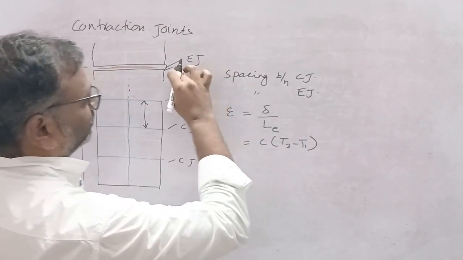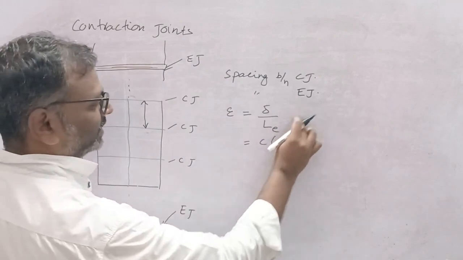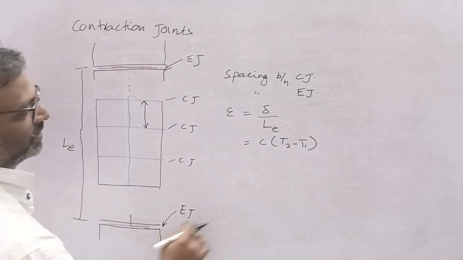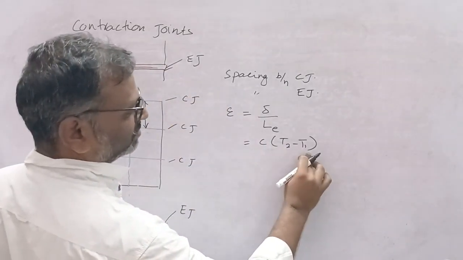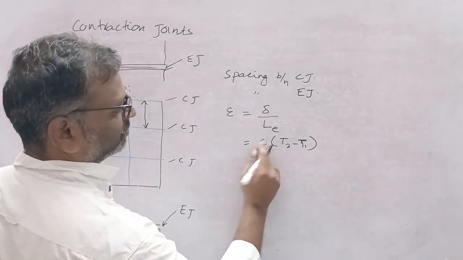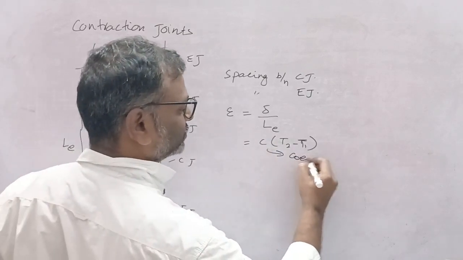So within a period, what is the maximum temperature that can be obtained in that particular pavement on that surface, and similarly the minimum temperature, that temperature difference into coefficient of thermal expansion.